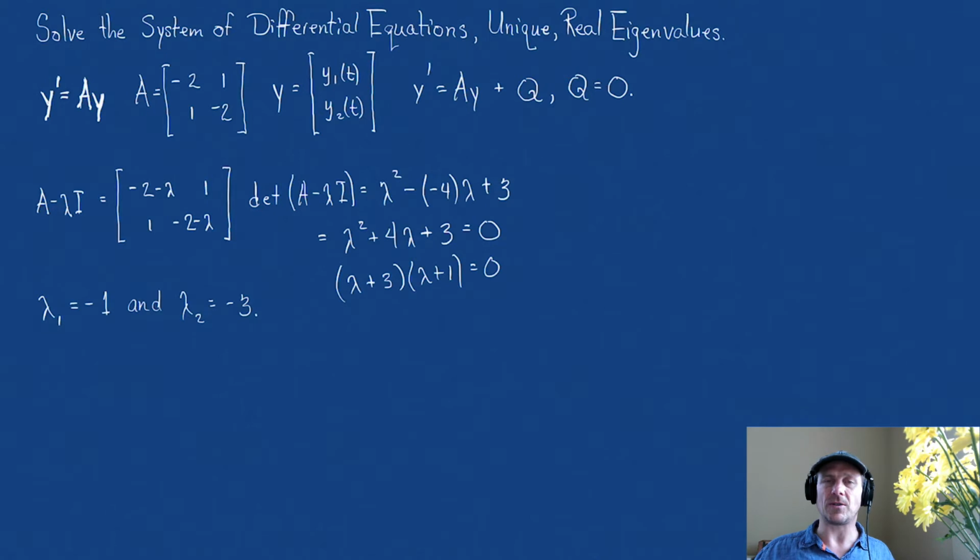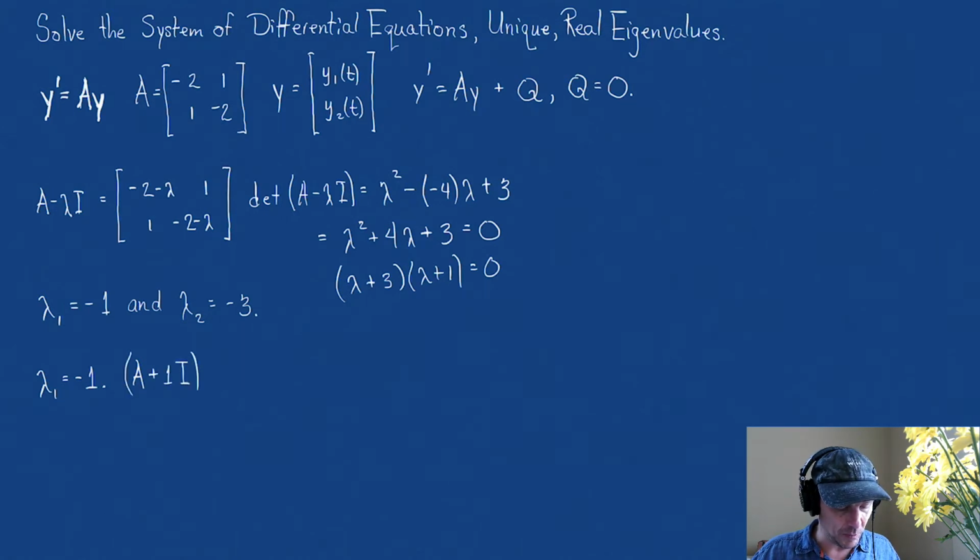Okay? So we use our eigenvalues now to find our eigenvectors. For lambda 1 equal negative 1, I'm going to substitute into A minus lambda I, so that's really just plus 1 I, times, we'll call it v1, the eigenvector associated with the eigenvalue lambda 1. And remember, we're solving when that's 0. This becomes minus 2 minus negative 1, so that's really plus 1.